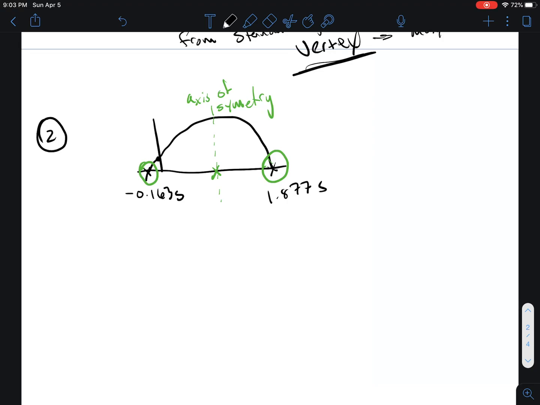Now, if I were to find the middle of those two values, that would tell me the axis of symmetry, which would be useful. That would be how long, right? Tells me how long it took to reach the maximum height.